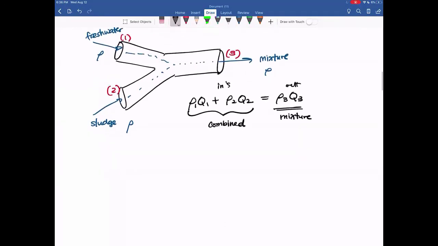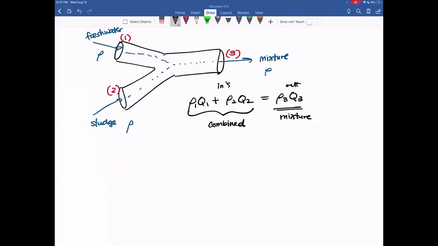Now, one thing you must absolutely understand is that, yes, you have a combination of densities and flow rate in this equation. What you also have is you must conserve your flow rates in the entire system, okay? Flow rate just doesn't disappear. It must be conserved, okay?